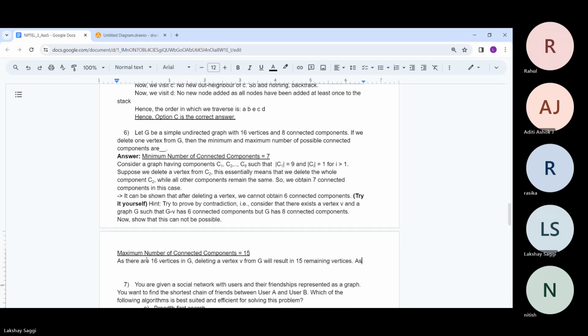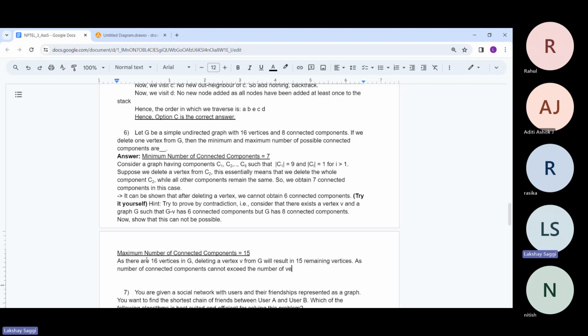As the number of connected components cannot exceed the number of vertices, hence the number of connected components is less than or equal to 15.